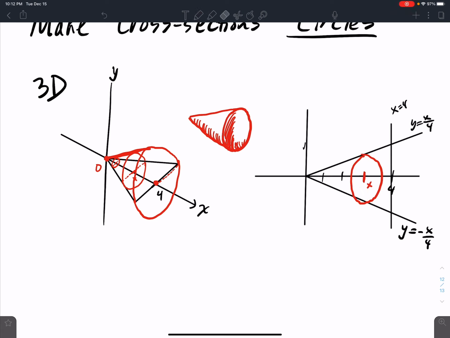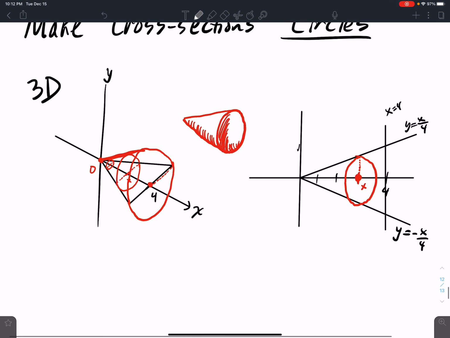Okay. So how do I find the area of a circle? When I think about finding the area of a circle, what I really need to find is the radius, right? So what is that length here? R, what is that R equal to? Remember, the area function for a given circle is pi r squared. So I need to find R in terms of the arbitrary x that I have here.